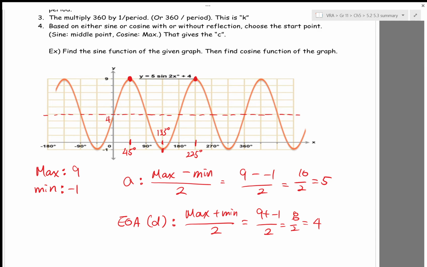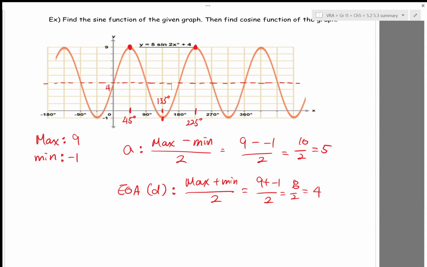So then from that, I told you we can also find the period. In this case, period is always from maximum to maximum or minimum to minimum, okay? In the case where you only have a maximum and the minimum right next to that, you basically find the length of the distance between those 2 points in the horizontal way, and then you times by 2. But in this case, we have 45 degrees to 225.